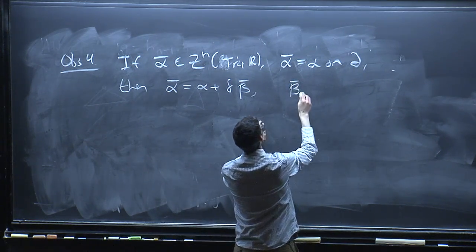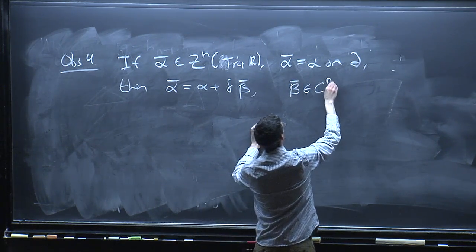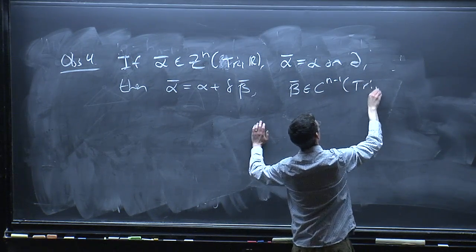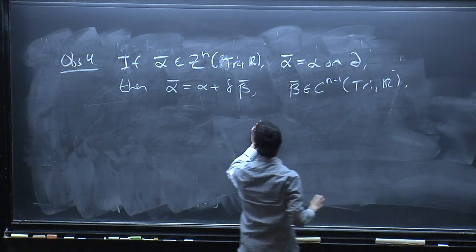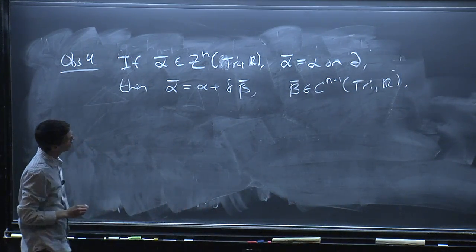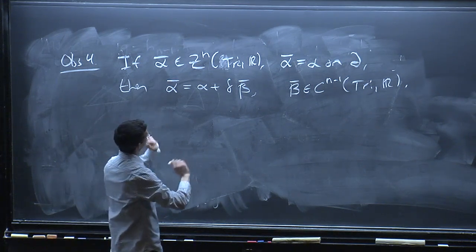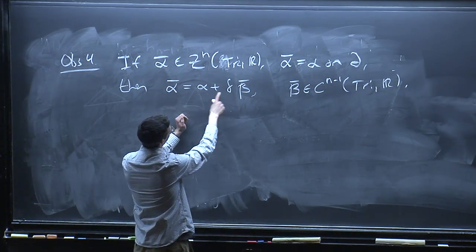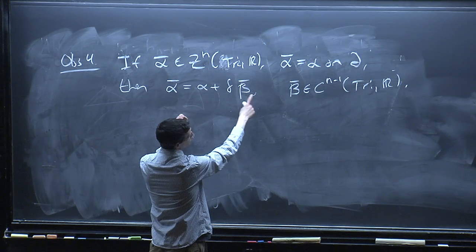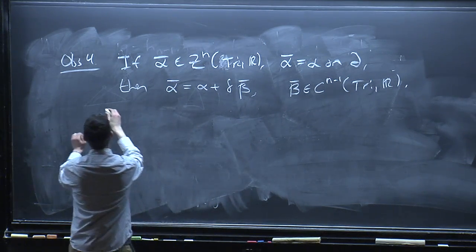But beta bar is not integer. It's an n-1 cochain with real values. So I'm only allowed to take alpha plus delta beta where beta is an integer, but I can kind of round this thing off.